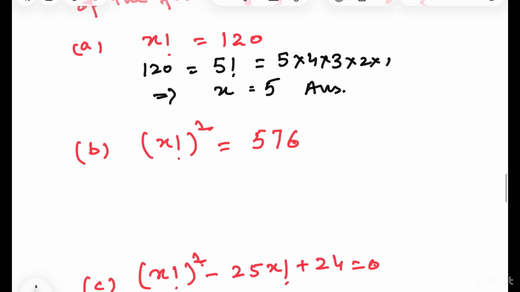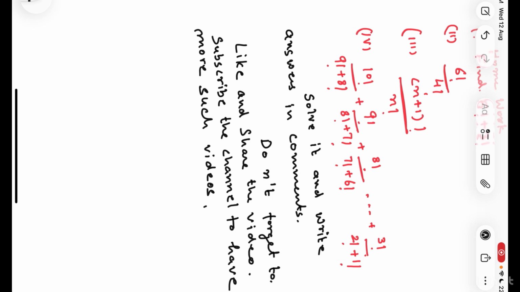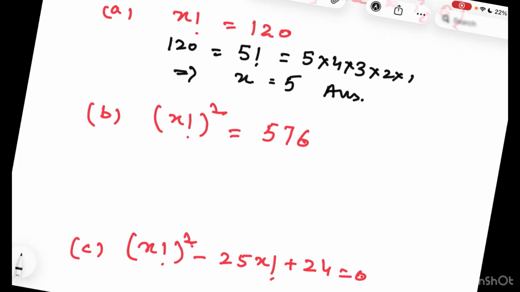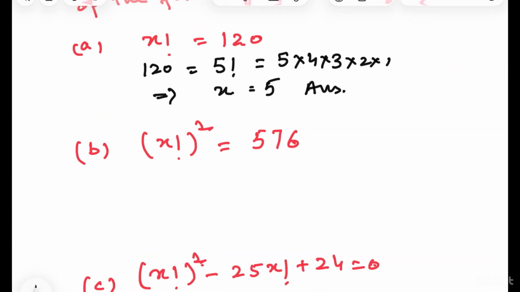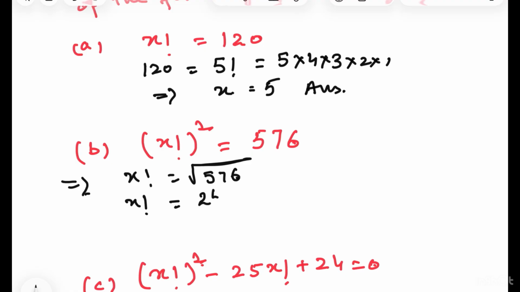Next is x factorial square is equal to 576. So this is equal to x factorial is equal to under root 576, taking square root on both sides. So x factorial is equal to 24, right?